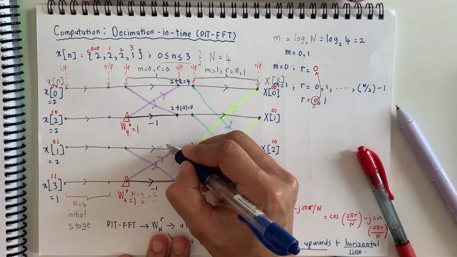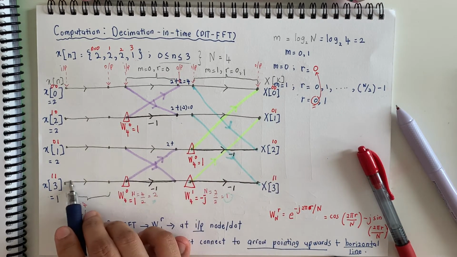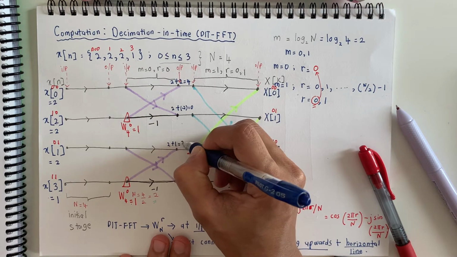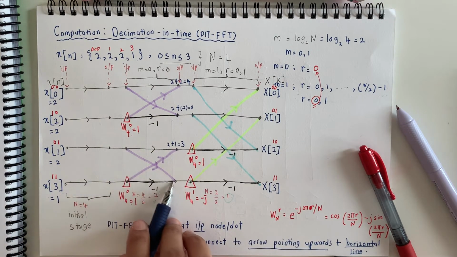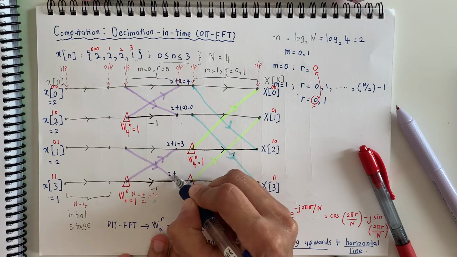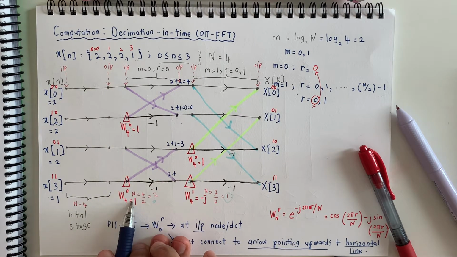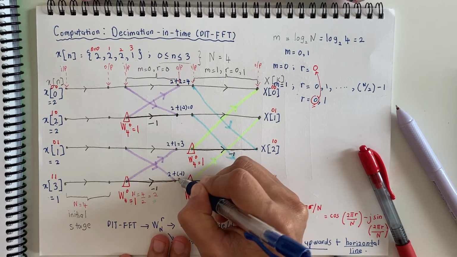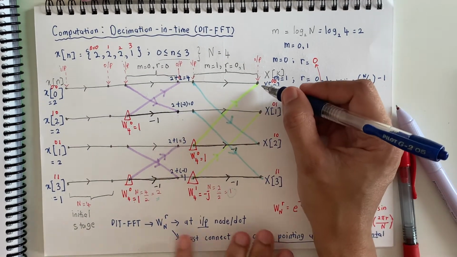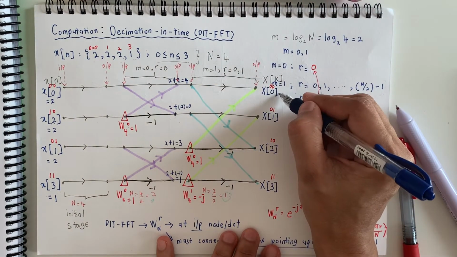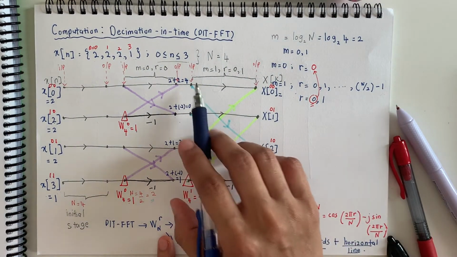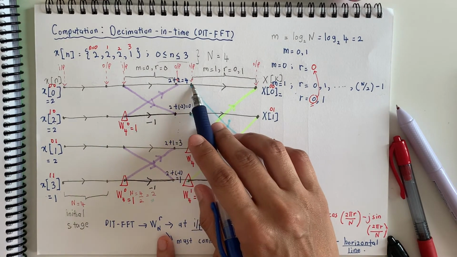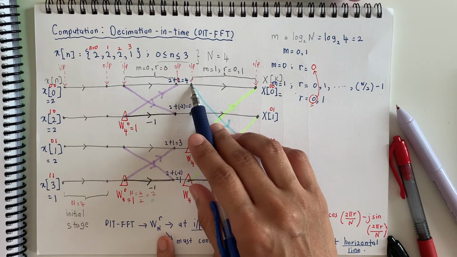Same goes to here. 2 times 1, 2, plus 1 times 1, 1, equal to 3. So 2 times 1, 2, plus 1 times minus 1, so you have 1. So here is 1. Next we want to determine the value of this dot. This is from the output, so you can just bring it to the input.